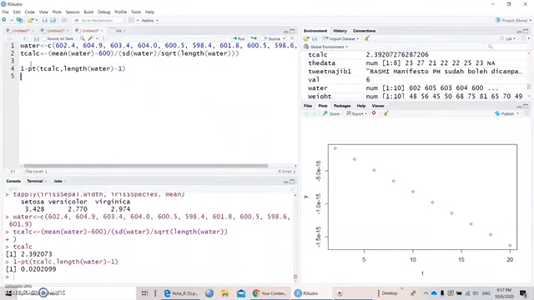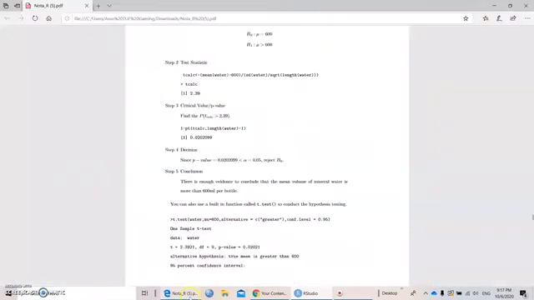Run, and you get the probability value equal to 0.0202099. Then how to make a decision whether to reject the null hypothesis? The p value that we obtain here, 0.0202099, is less than alpha equal to 0.05, therefore reject the null hypothesis, and conclude that there is evidence that the mean volume of mineral water is more than 600 ml per bottle.